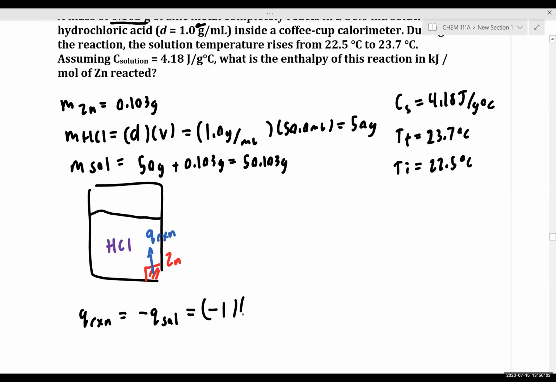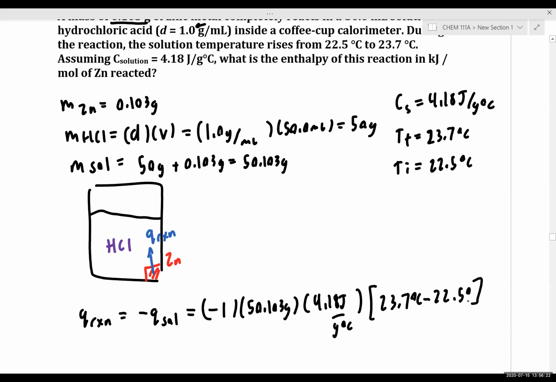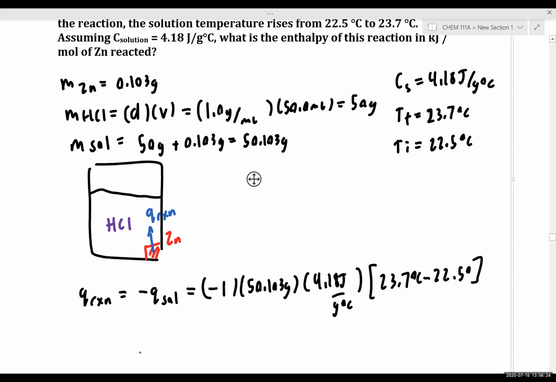So we have -1 times the mass of our solution times the specific heat of our solution, which is slightly different from that of water, times T final minus T initial. That in turn gives us a heat of reaction. Now let's punch that into our calculator.